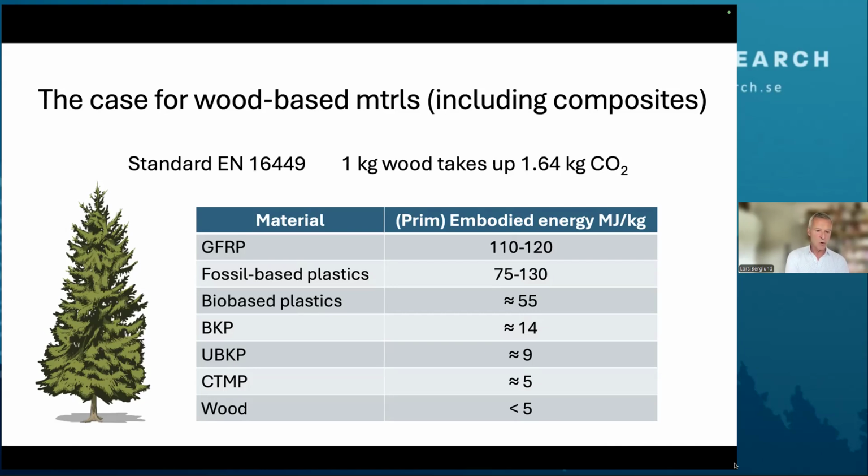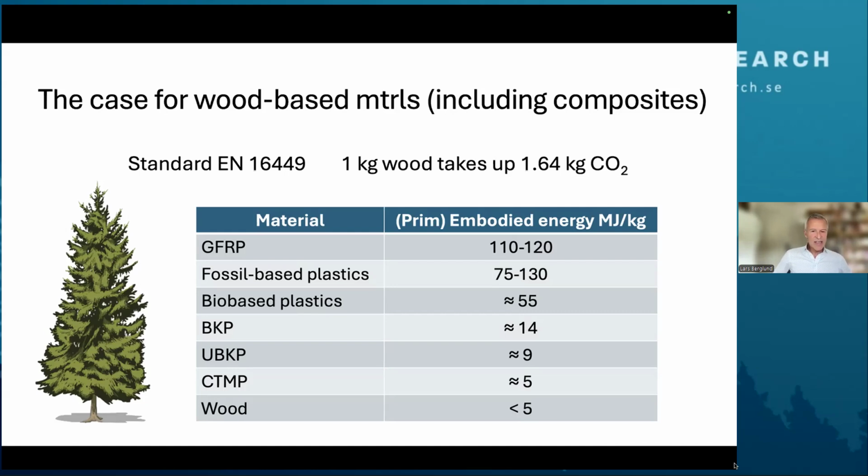And then wood, of course, is lower than that. If you think about nanocellulose, we start with the bleached pulp and then we need a considerable amount of energy. So in many cases, nanocellulose is around 100 megajoule per kilogram, but it depends on which process is used.